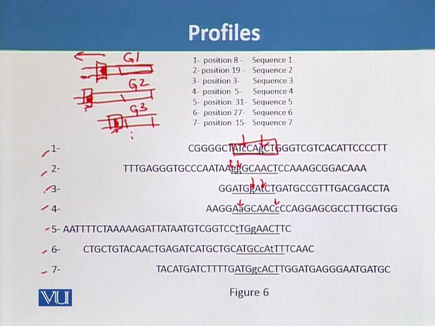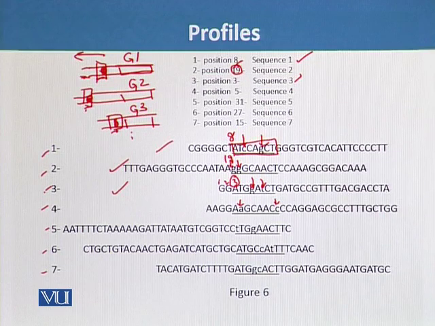In sequence number 1, we know that the starting point of the conserved pattern is nucleotide number 8. In the second sequence the starting position of this conserved motif is 19. Similarly, in the third sequence the starting position is 1, 2, and 3. Similarly, the positions of this conserved pattern are written within all 7 DNA sequences.